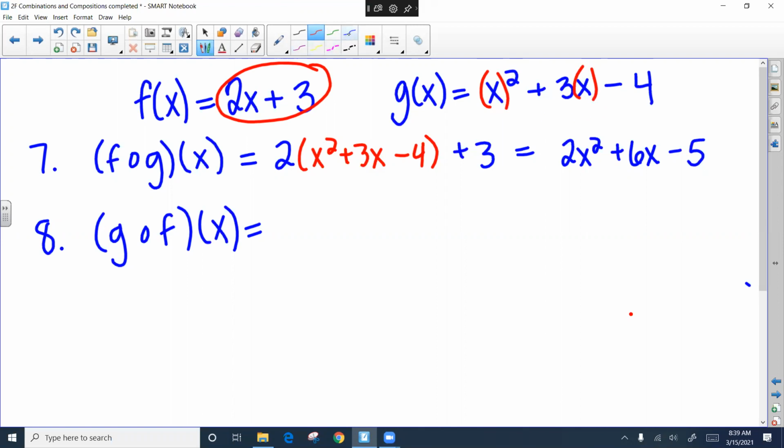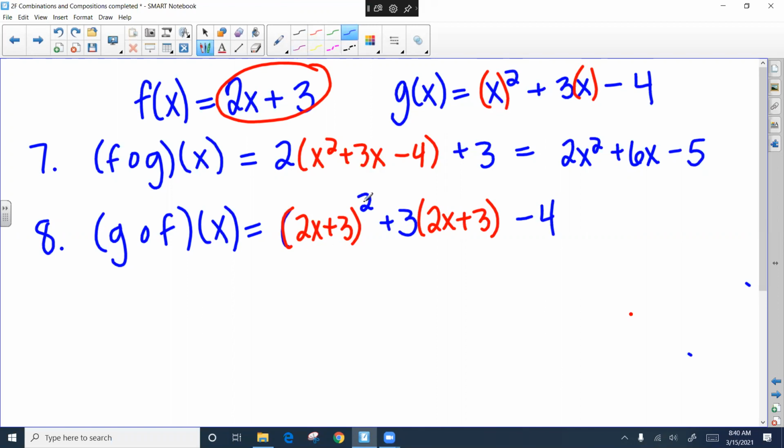So here it would look like this: in parentheses, 2x plus 3 squared plus 3 times 2x plus 3 minus 4. So this part we actually had to multiply out and either use box method or distributive property.